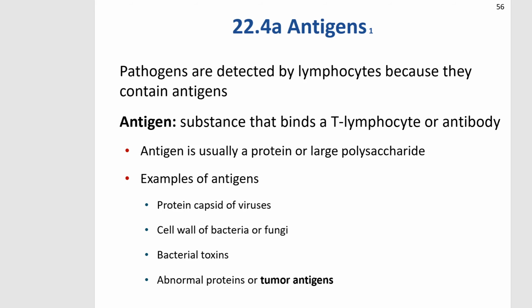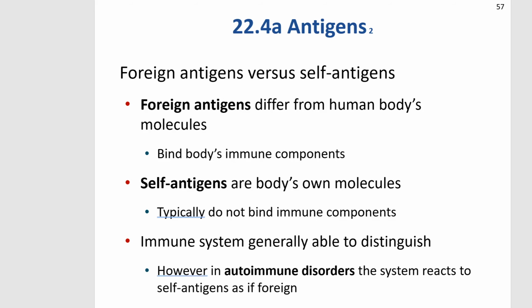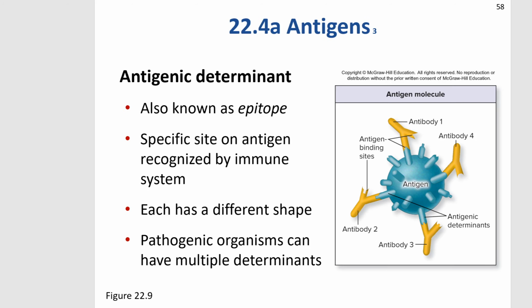So a couple of examples there. When these systems go awry and the body is actually making an antibody to something that is a self antigen, something that is part of the normal function of the body, then we get an autoimmune disease. Because antigens are supposed to be very specific to things that are outside the body.